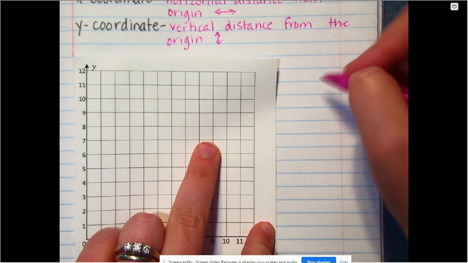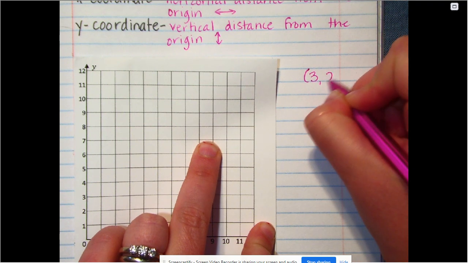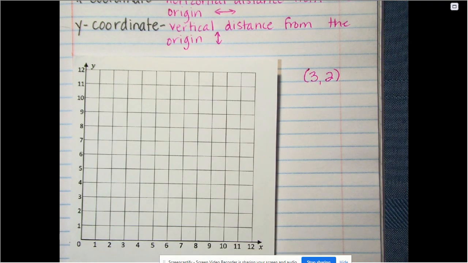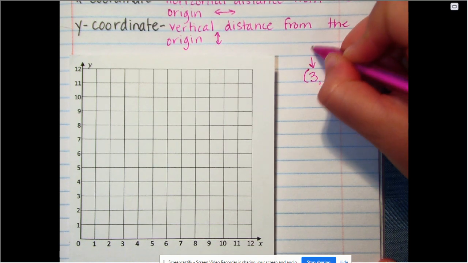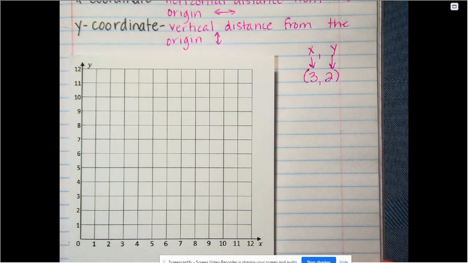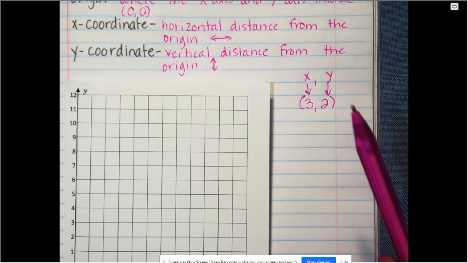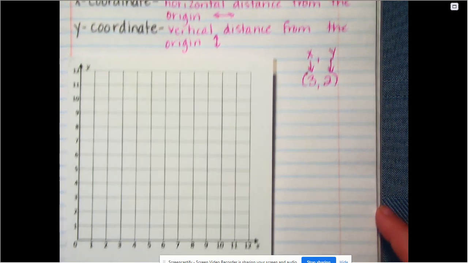We might see 3, comma, 2. We always list the x coordinate first, and then we have the y coordinate. So looking back to our x and y coordinates, we see that the x is the horizontal distance and the y is the vertical distance from the origin.